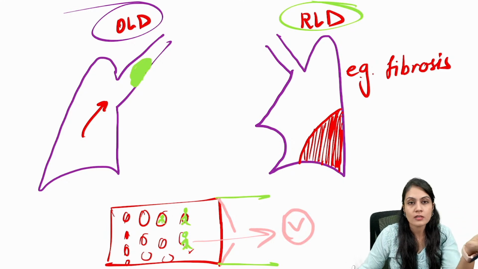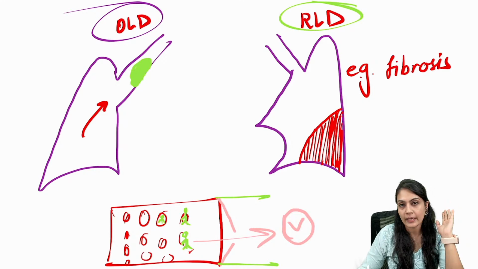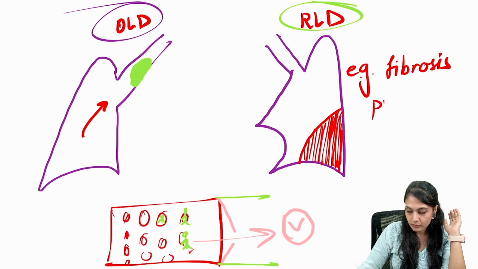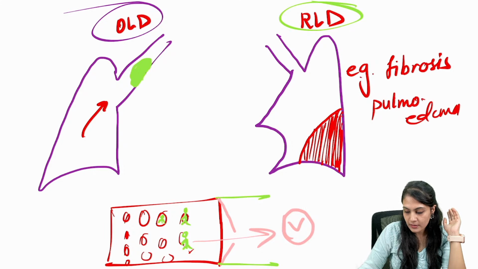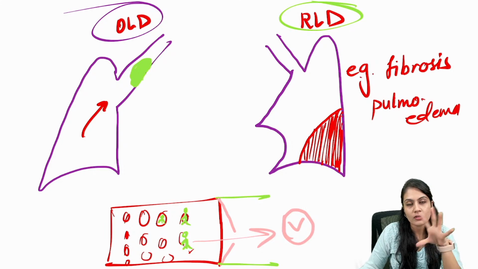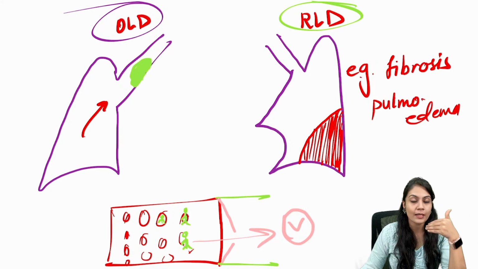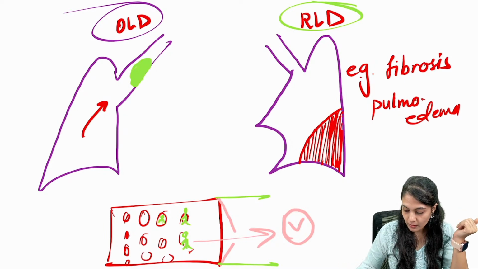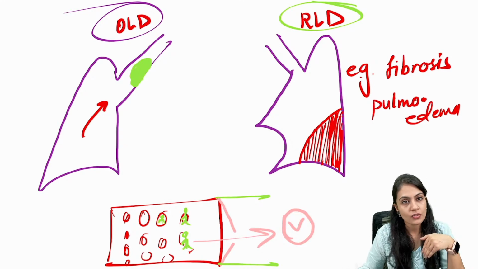So tuberculosis, silicosis, asbestosis, all these conditions come under parenchymal restrictive lung disease. Not only that, pulmonary edema and pneumonia, in these conditions there is definitely a restriction. Why? Because if water is filled, the gases cannot cross the water, right? And that's why they come into restrictive lung disease.